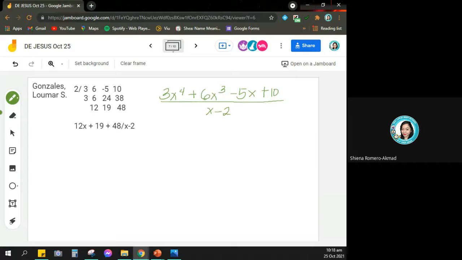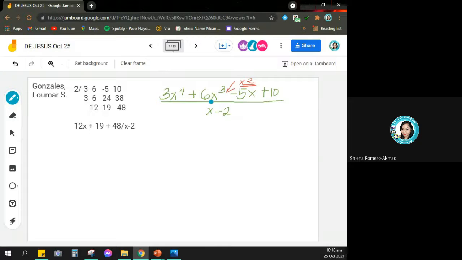So, in-arrange natin, pero napansin nyo na merong missing term, and that is yung term na may x squared. Therefore, kapag sinulat niyo yan, makikita nyo agad na nawawala yung x squared. So, you have to replace that with 0.